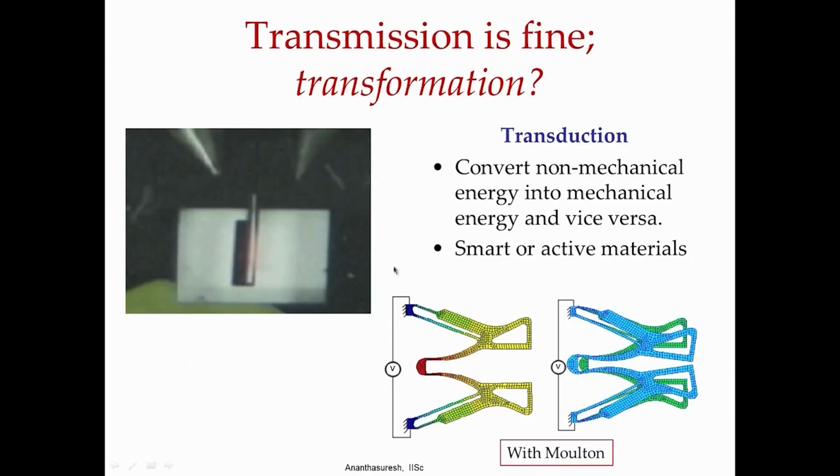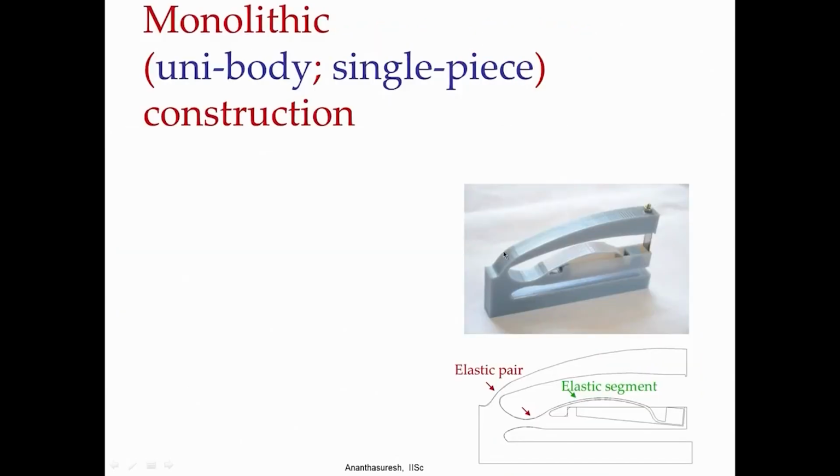So, here is an elastic material which is also electrically conducting, thermally conducting, and if you apply potential difference between 2 points, it is able to generate motion and it is able to do mechanical work as well. It can move just like the device that I showed a few slides ago. Here you are actually transforming electrical energy into thermal energy and then mechanical energy. That is what compliant mechanisms can do.